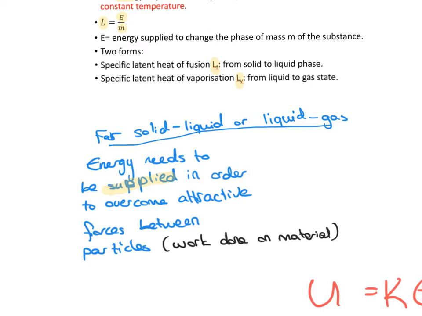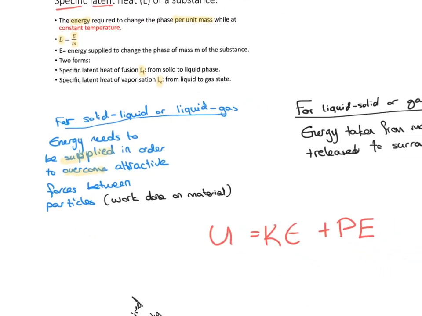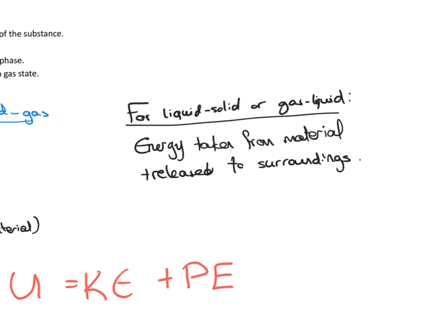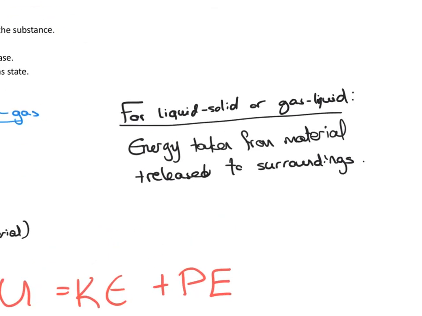So you have to supply energy to overcome them. And if you're going from a liquid to a solid or a gas to a liquid, energy is taken from the material and is released to the surroundings. That's because obviously you have the bonds forming, which have a negative energy.